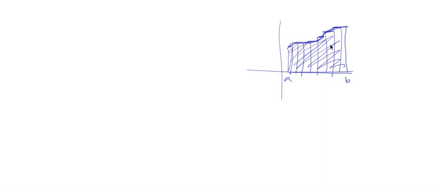And if we get to very, very narrow intervals here, then the area that we get by summing the area of these rectangles will approximate very well the area under the curve, right?